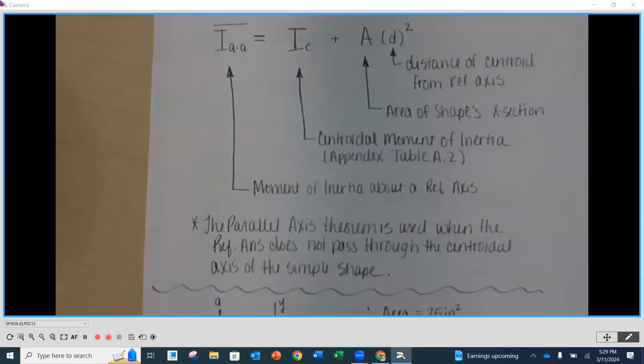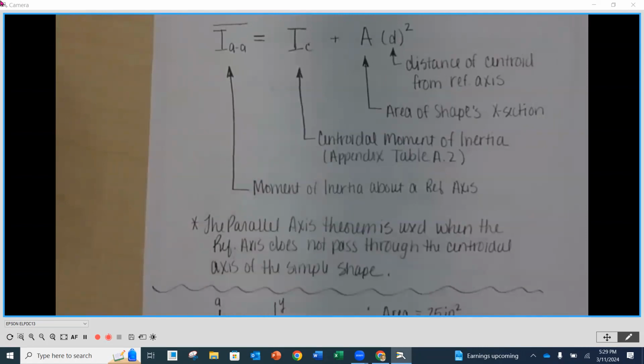We saw something similar to this when we did centroids, because when we had our reference axis, if it didn't move through the centroid of the simple shape we were looking at, we would get an x distance, an x1 and a y1, or an x2, y2, for that corresponding shape. Really the same thing's happening here, but now we're dealing with moments of inertia.